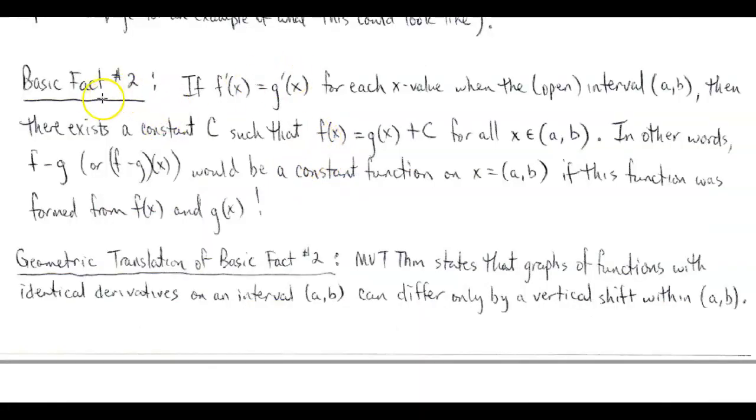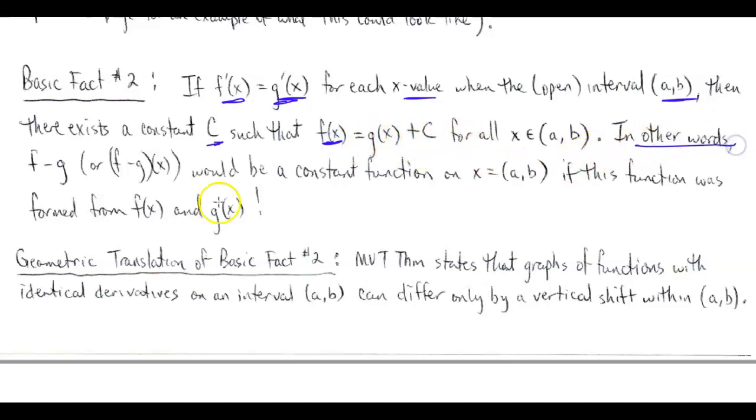All right, so to build on that, our second basic fact says that if we are comparing two functions and the derivative of those two functions are equal for each x value that we're considering in this open interval, then we know that there is going to be a constant such that one function could be just written as the other function plus a constant, okay?